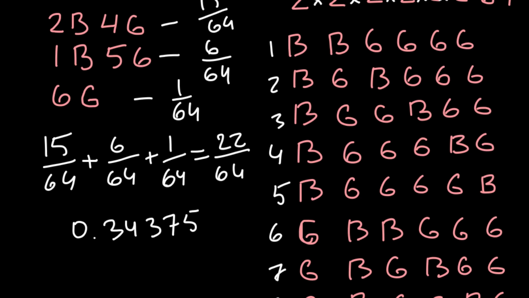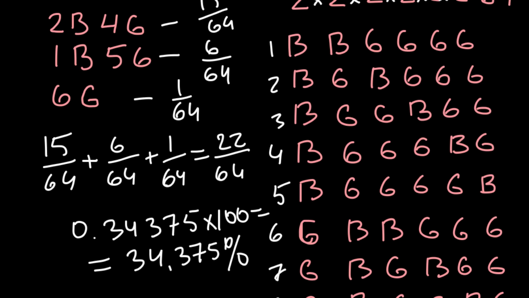And now we have to multiply by 100, because all our calculations were on the scale between 0 and 1, and when we give an answer in percentage form, we have to give it on the scale between 0 and 100%. So the answer would be 34.375%. If you need a rounded answer, this would be 34%.